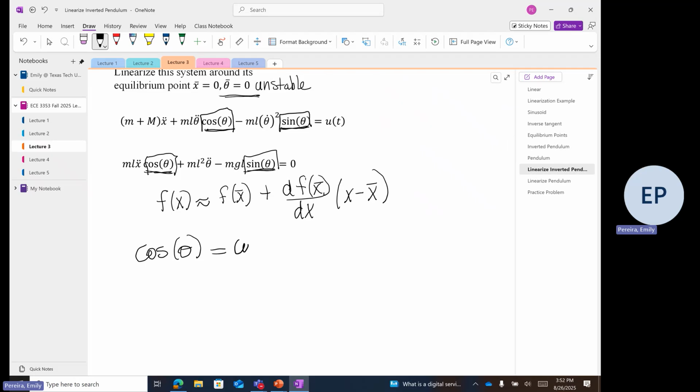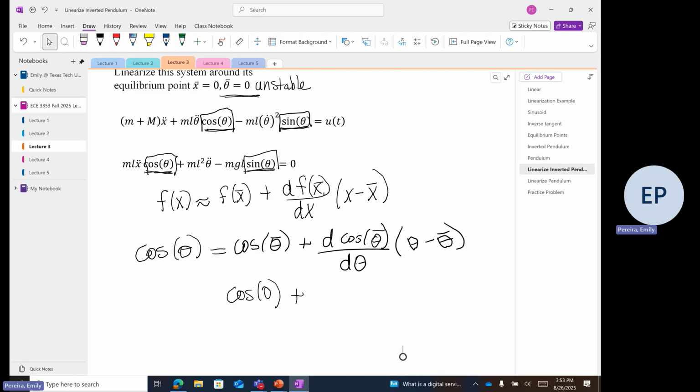All right. So let's linearize cosine around its equilibrium point. Okay, so this is cosine of theta bar plus the derivative of cosine of theta bar times theta minus theta bar. So cosine of 0 plus the derivative of cosine, which is negative sine, right?